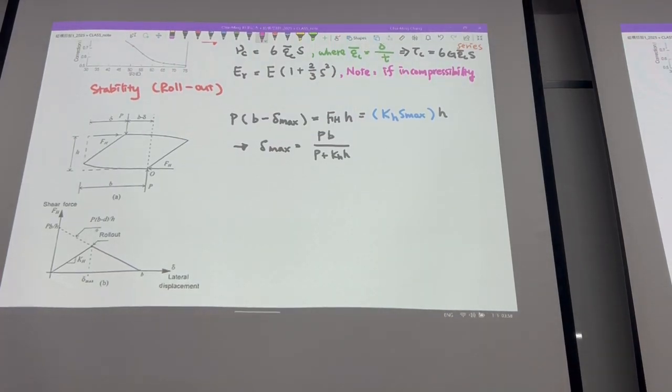So here that's the critical point. You cannot exceed this delta maximum. Okay. And starting from or after that delta maximum, that's for the unstable behavior.